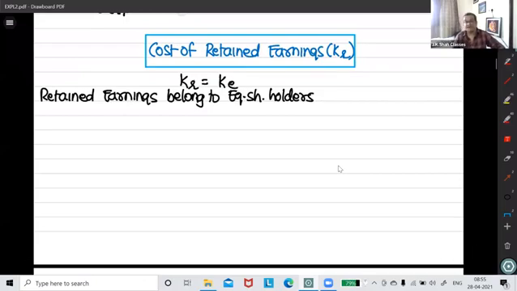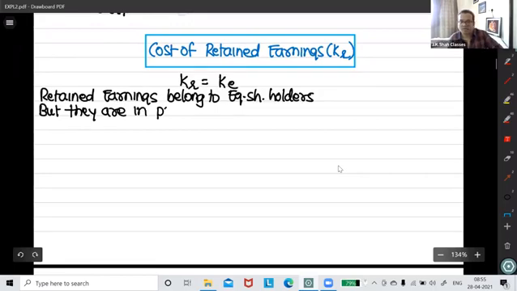Obviously, retained earnings belong to whom? Equity shareholders. But they are in possession of the company.